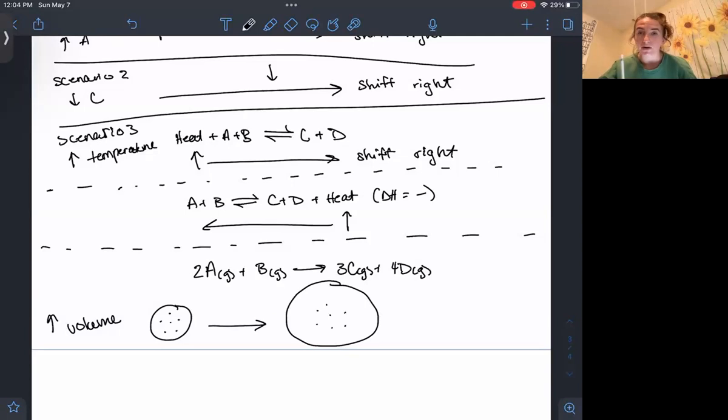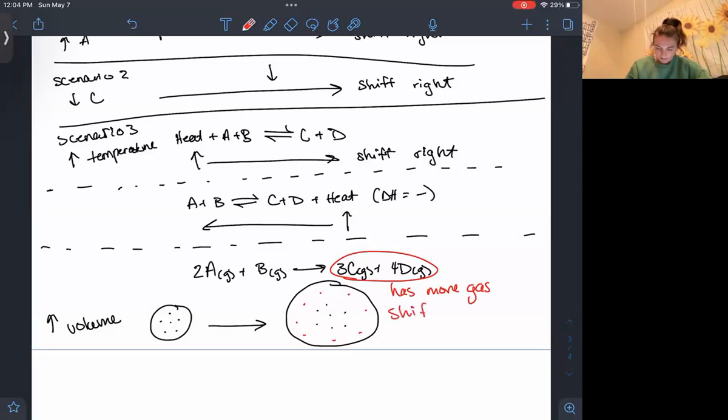And so in order for the pressure to stay the same, we have to produce more gaseous particles, to have more things in our container. This side has more gaseous things, so we're going to shift towards the products to increase the number of gaseous particles and increase the pressure of our container.